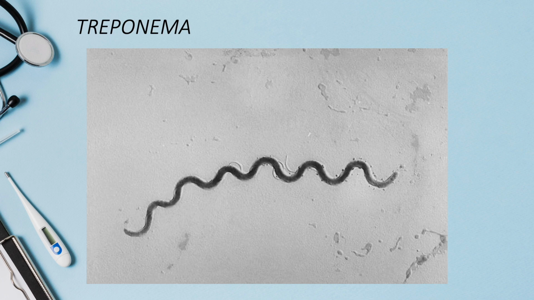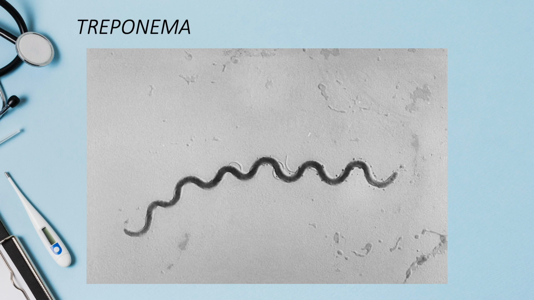And if we are talking about the most common symptoms in relapsing fever, of course it is fever, but not as in any infection. Again, I want to remind you that fever is everything over 38 degrees Celsius.